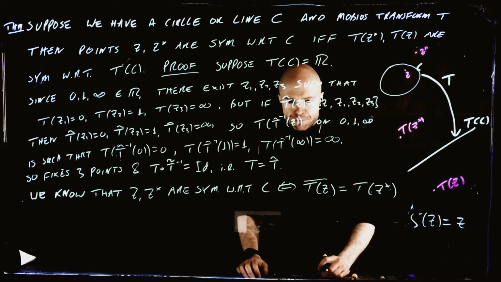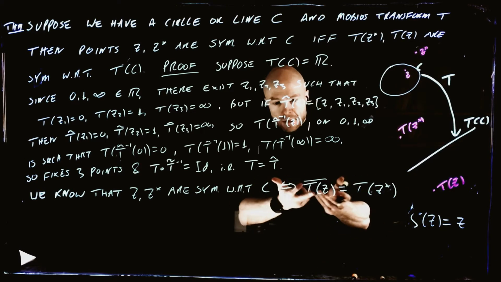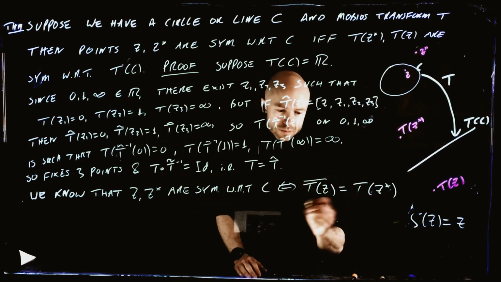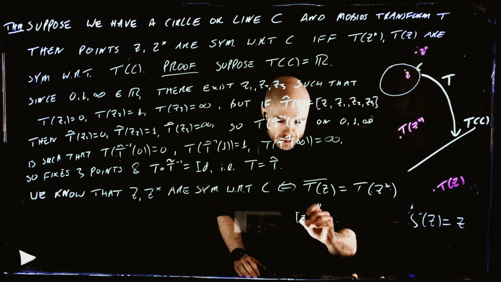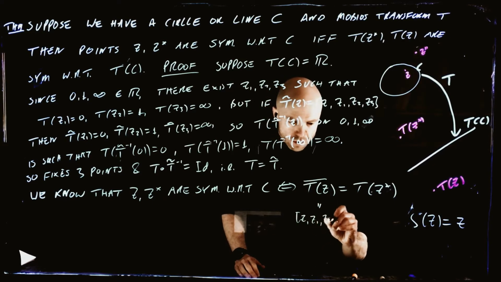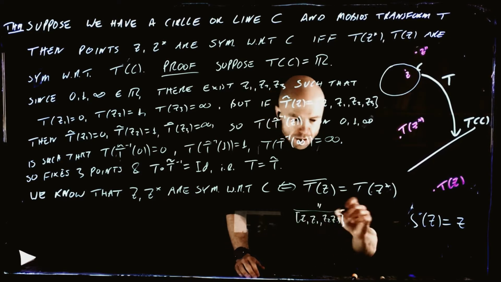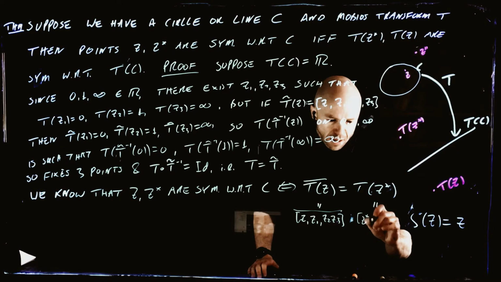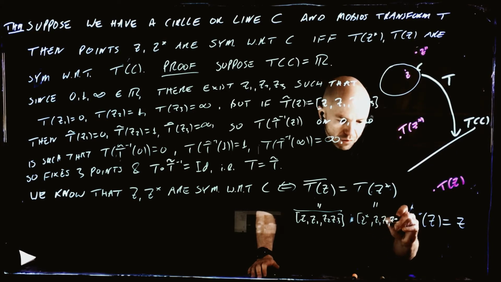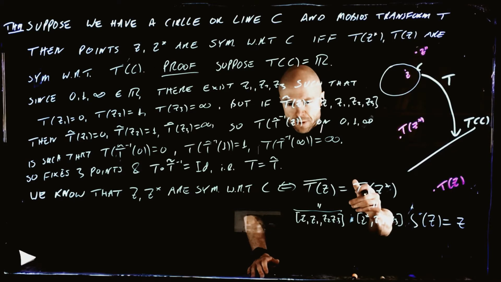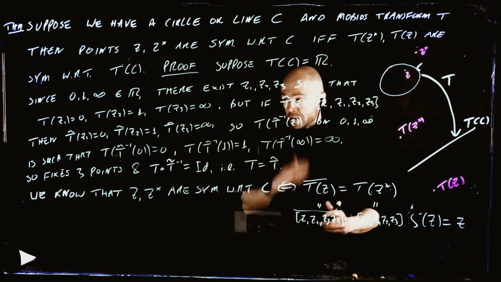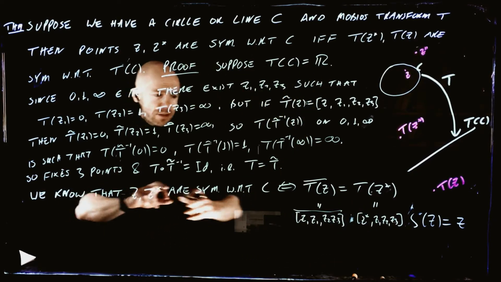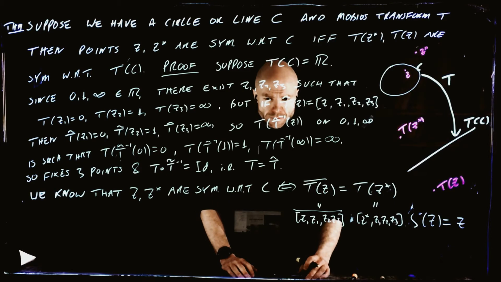That's what we learned last time, because this is exactly this cross ratio thing: this is the same as the cross ratio of Z bar, Z1, Z2, Z3, and this is the same as the cross ratio of Z star, Z1, Z2, Z3. This is exactly what we learned last time. Give me a thumbs up if that makes sense to you. Cool.